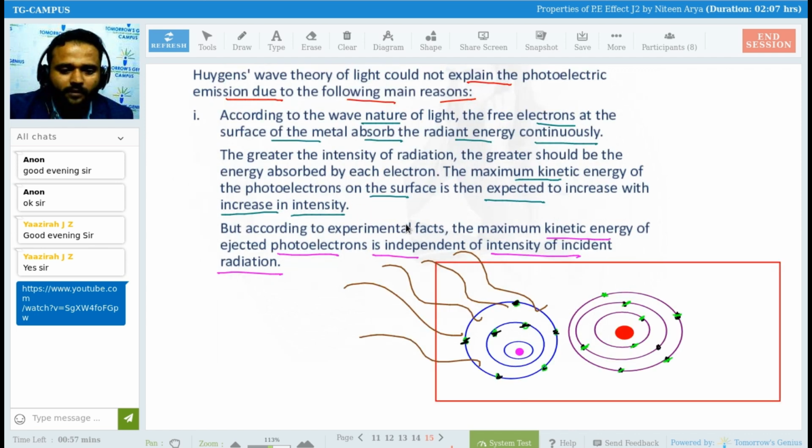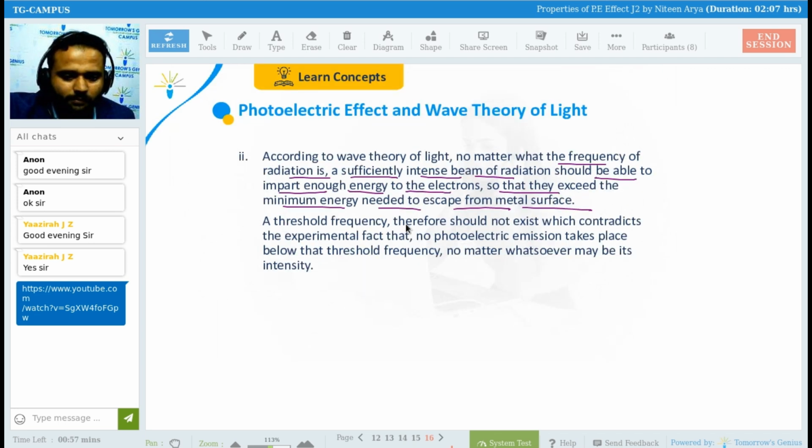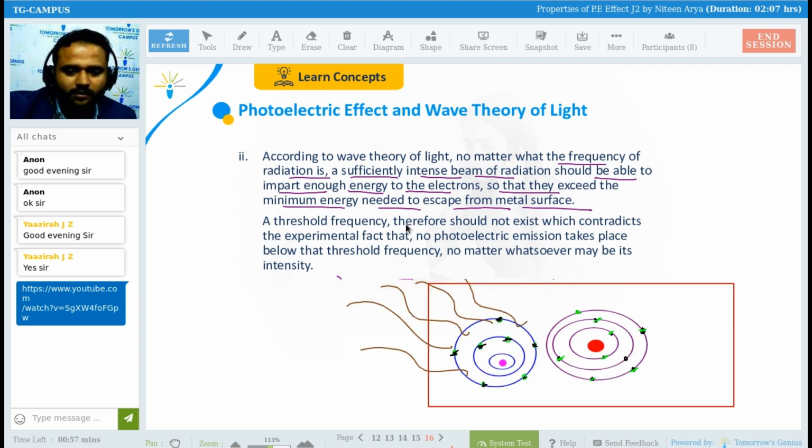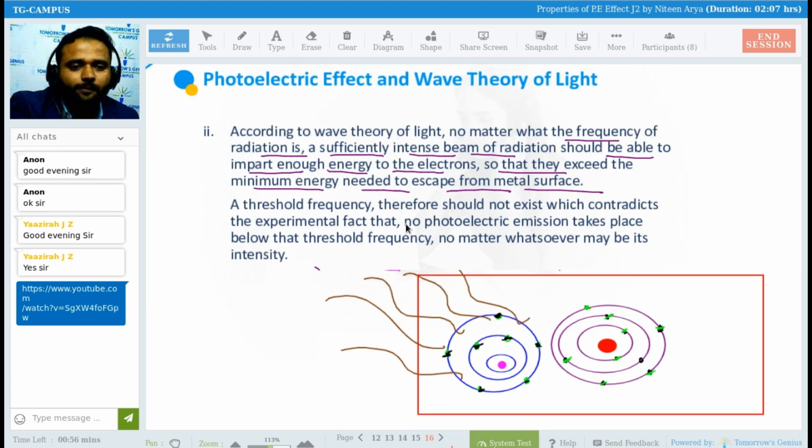Is this clear? You can take a screenshot of this, and I can paste it here as well. Taking this particular diagram, this is the diagram related to the second point.